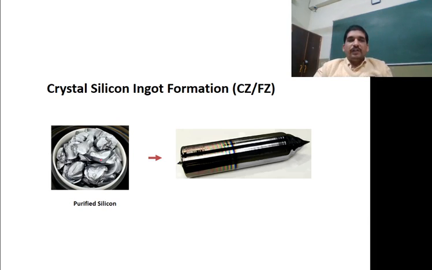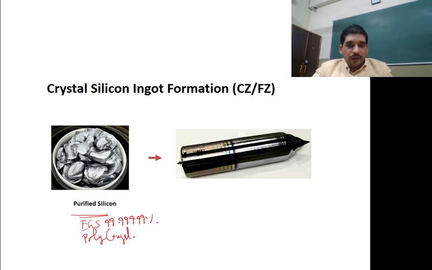So what we have right now is a purified form of silicon, that means EGS, and this purified form of silicon is 99.9999999% pure, and it is in polycrystalline form. It is basically a polycrystalline structure of silicon.